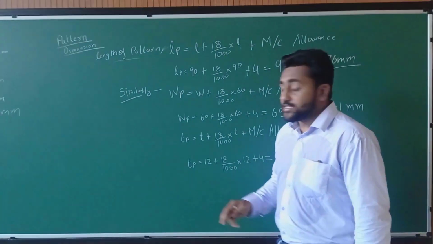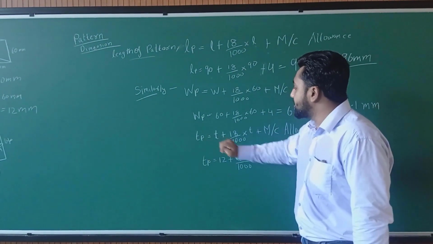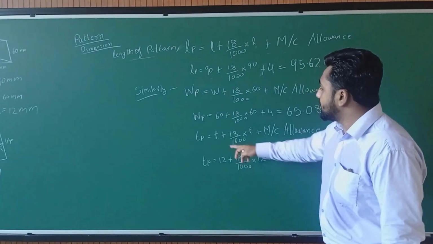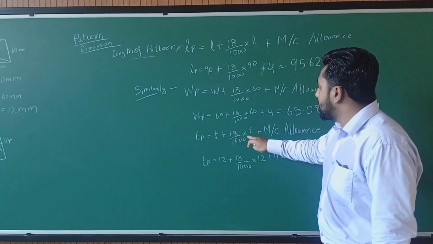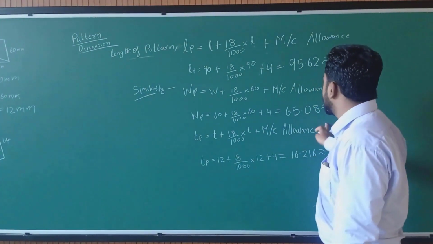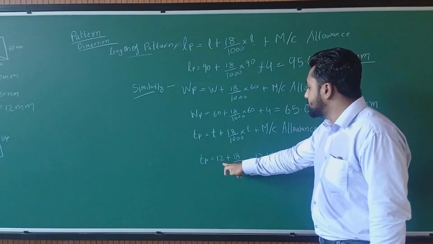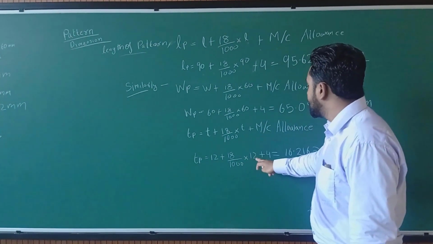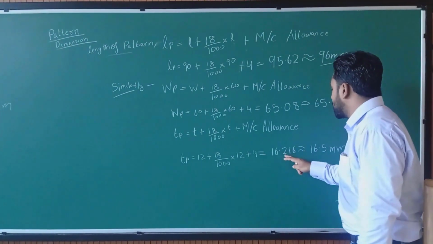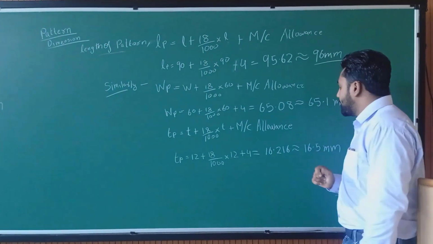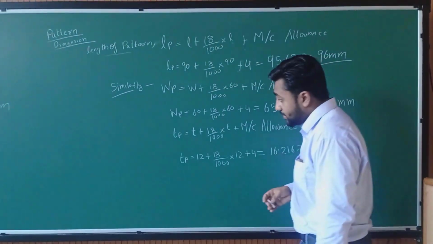If we calculate the thickness of the pattern, again with a similar formula, thickness T plus 18 by 1000 into T plus the machining allowance, which is constant at 4 mm, we calculate 12 plus 18 by 1000 into 12 plus 4. We get 16.21, which is close to 16.5 mm.